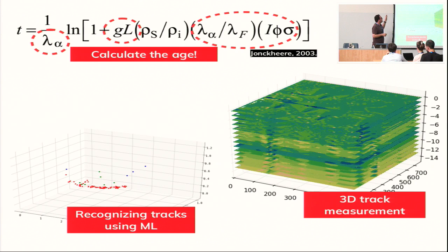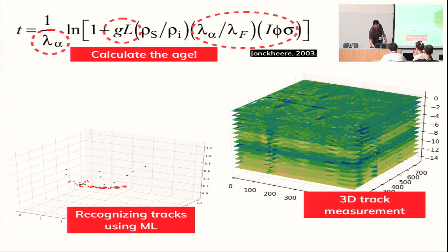The problem is this is only one equation for the age, and we have several of them, so we have to implement several age functions. We'd also like to use the 3D information for measuring these tracks, and using the descriptors, we'd like to recognize these tracks using machine learning. We're working on that. We're working now on the age problem. We have some results, and I can show them to you later if you want.